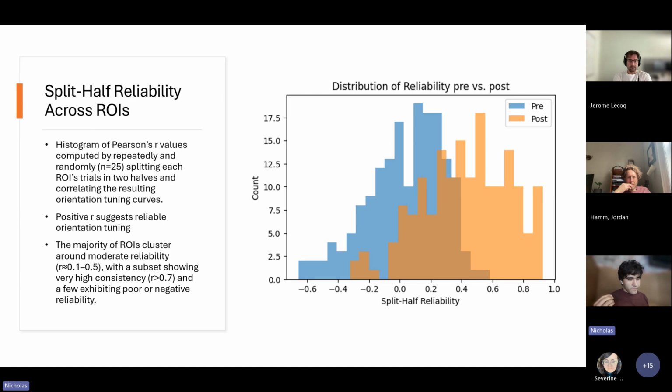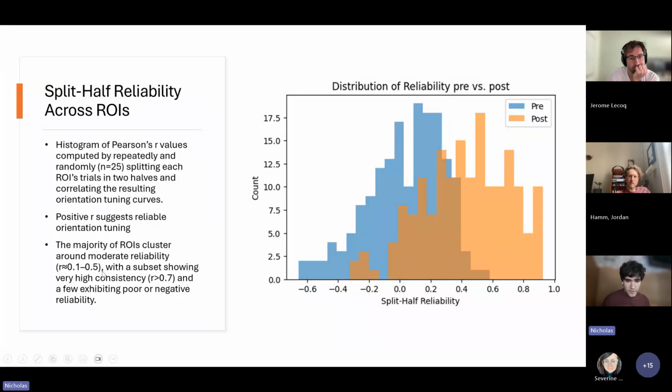So essentially, given 25 random splits, what is the Pearson correlation between the subsets? I take that to be a metric of how reliable an orientation tuning vector is within a given block.